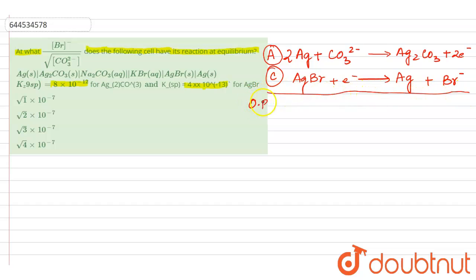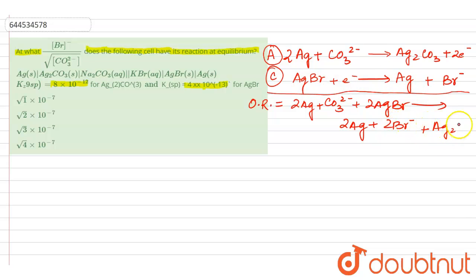Now the overall reaction comes as 2Ag plus CO3 2 minus plus 2AgBr gives 2Ag plus 2Br minus plus Ag2CO3.